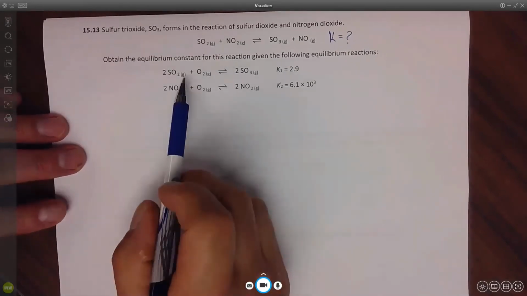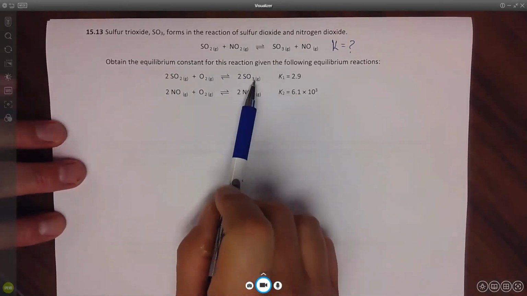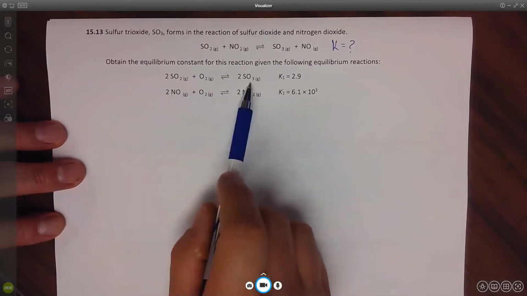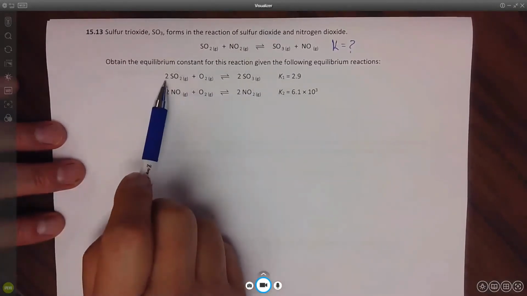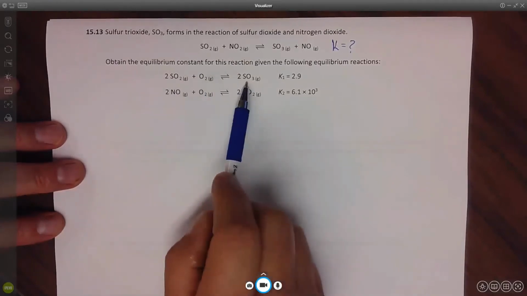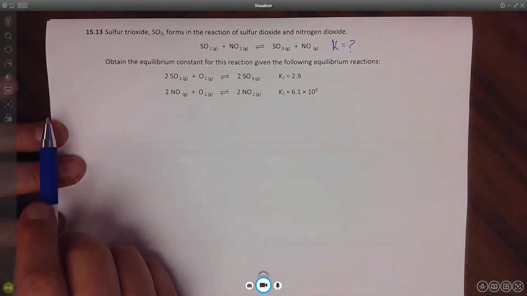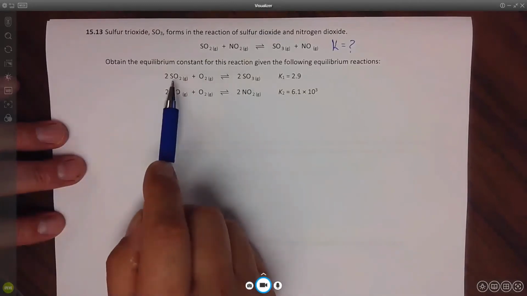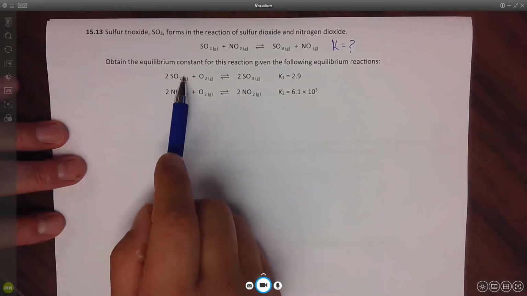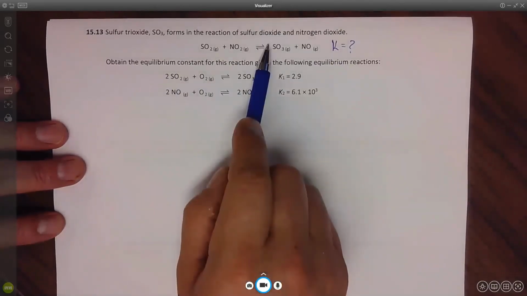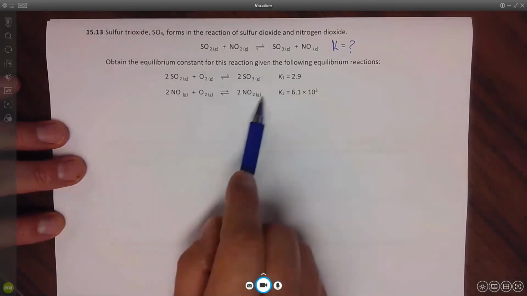So if we have this reaction here, what would be the reactant of interest in this first one? SO2, O2, or SO3? The SO2. Right. It would be the SO2 because it appears in our overall equation, and it only appears in one of these equations.